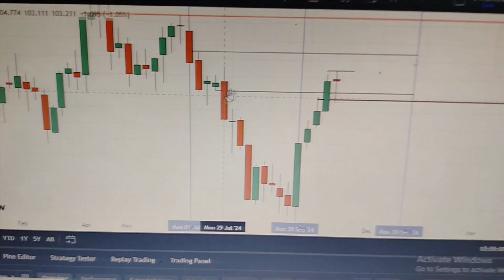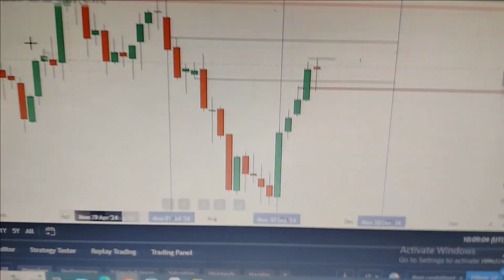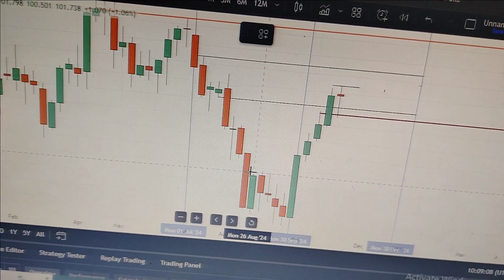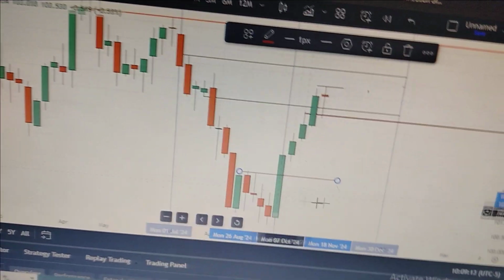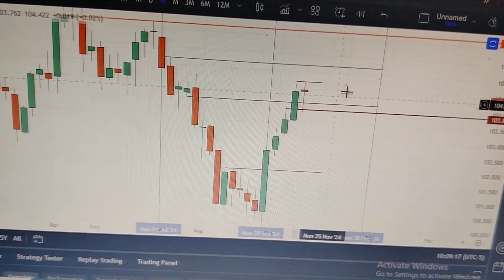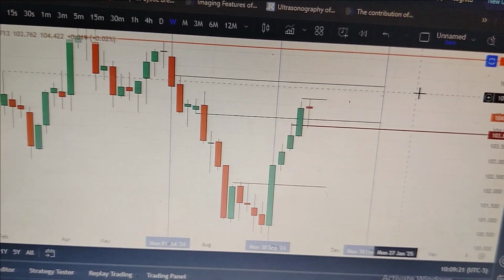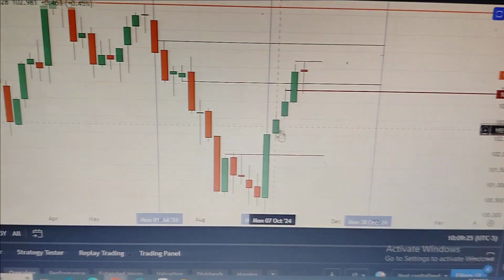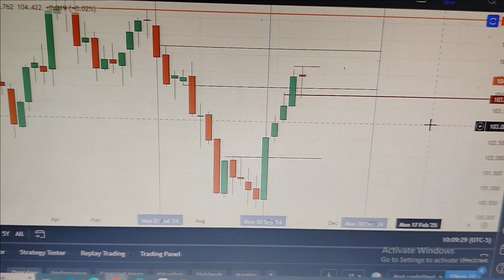I was expecting price to come down and tap into this weekly breaker, but price is really continuing. We are really bullish on the US dollar index, so it is showing no signs of retracing back into this gap. So we are really bullish.